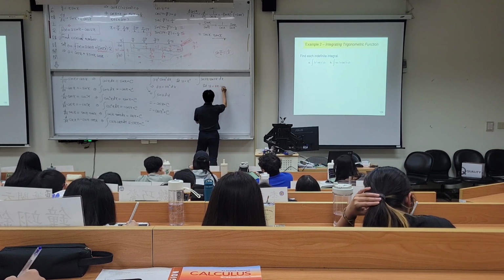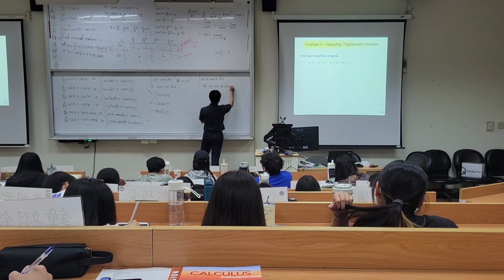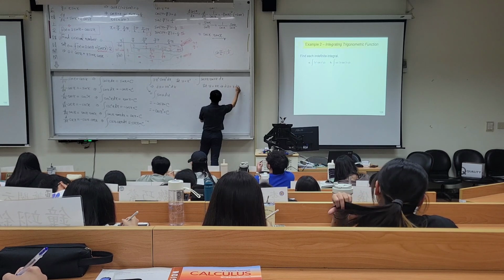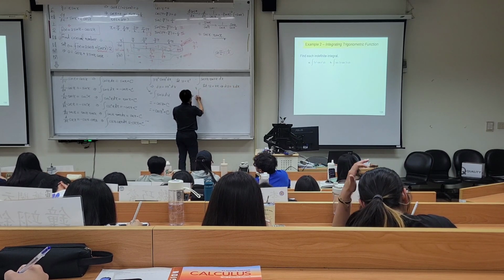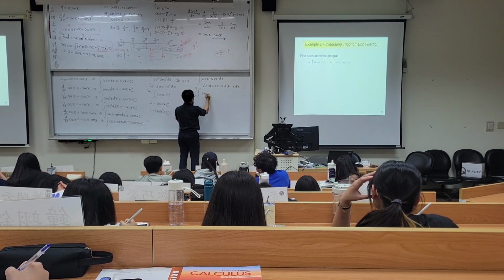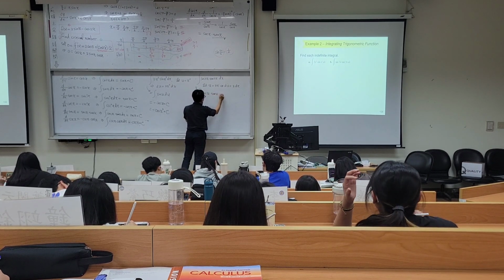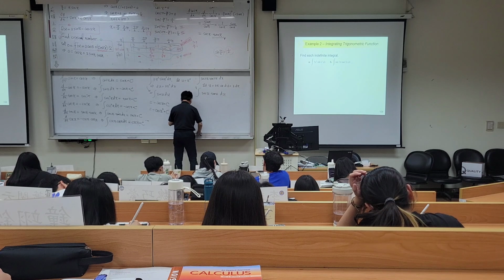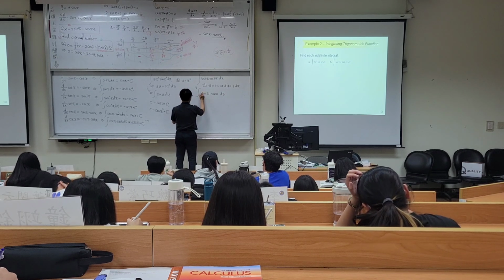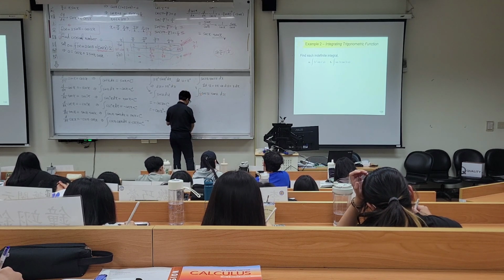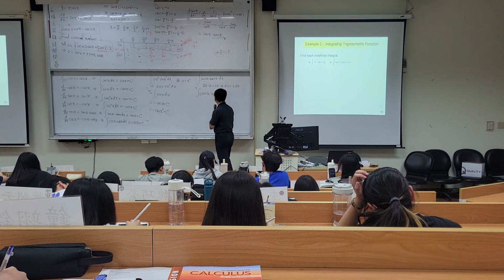I can imply du equal to 3 dx. So this will be equal to secant u tangent u du, and I need to multiply 1/3 to make it equal.